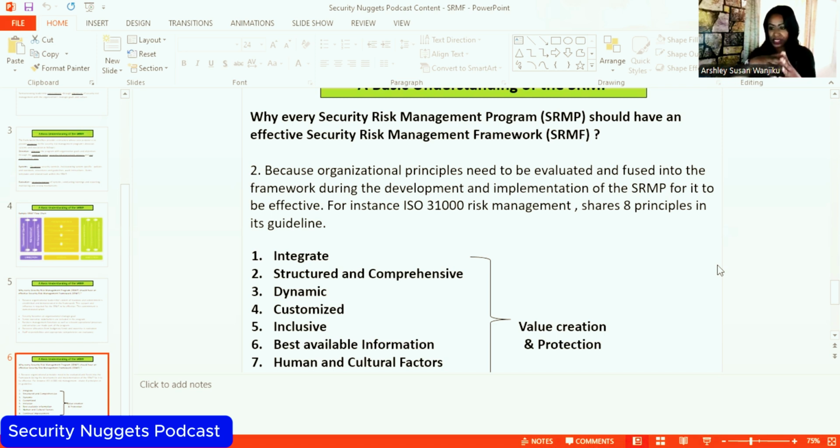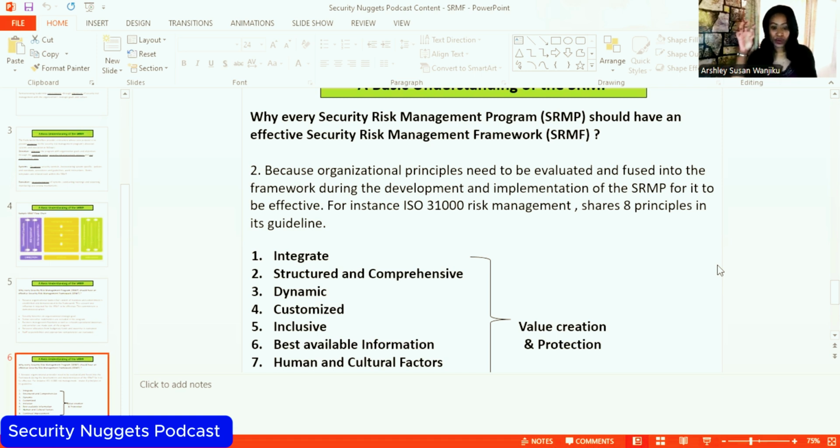These principles are very important, and I will reference my go-to risk management standard, which is ISO 31000, because ISO 31000 has already proposed and recommended 8 principles that organizations need to factor in when they're developing and implementing security risk management programs, okay?